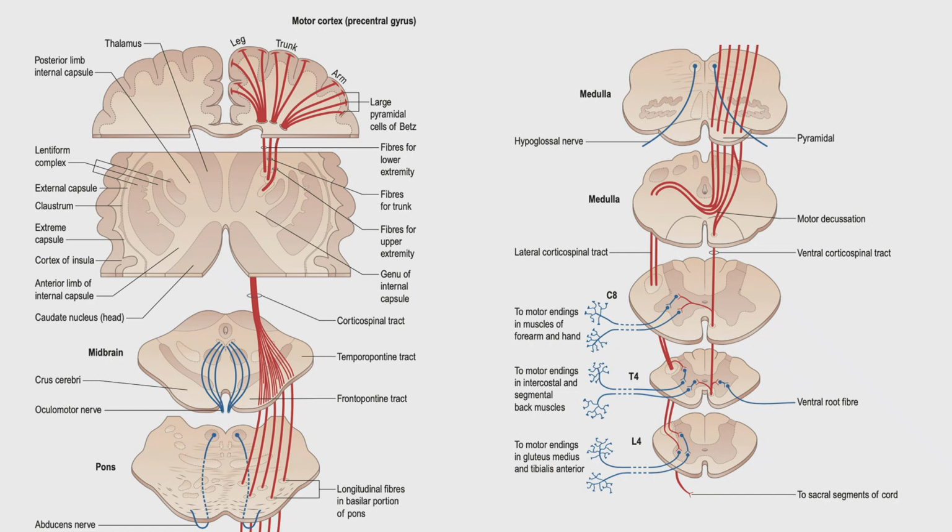Seen here is the somatotopic organization again. Crossing, this is the decussation of the pyramids. And 20% non-crossing going down.